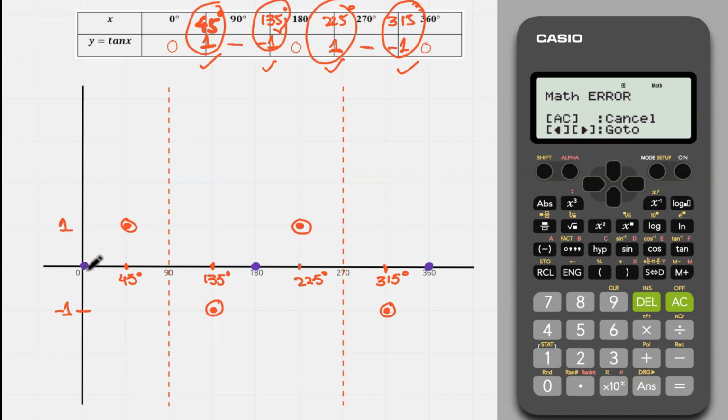Let us join these points and extend the graph with a smooth curve, as smooth as possible. So this is basically the graph of your tangent function.